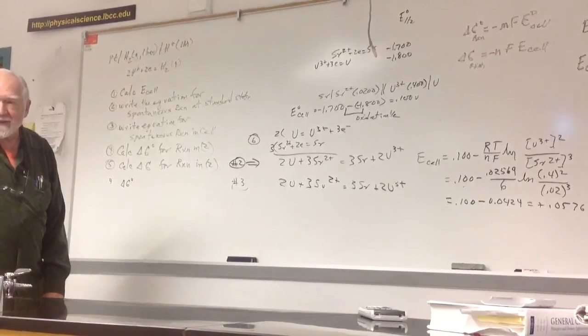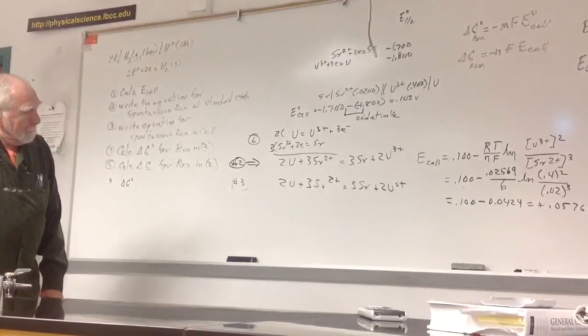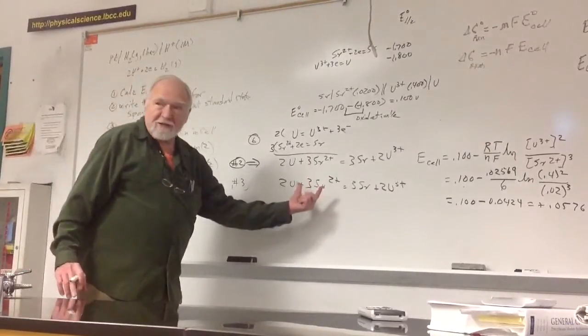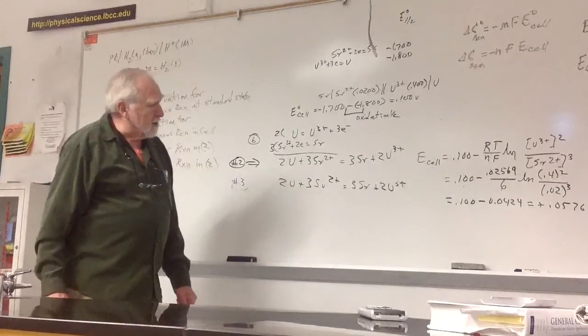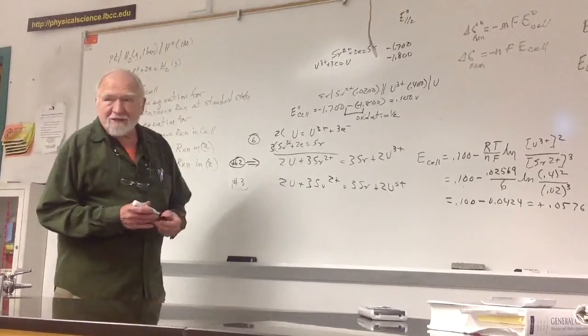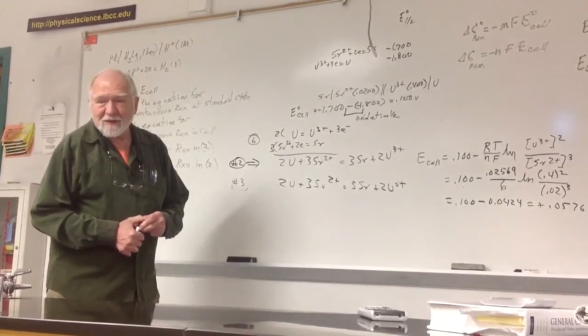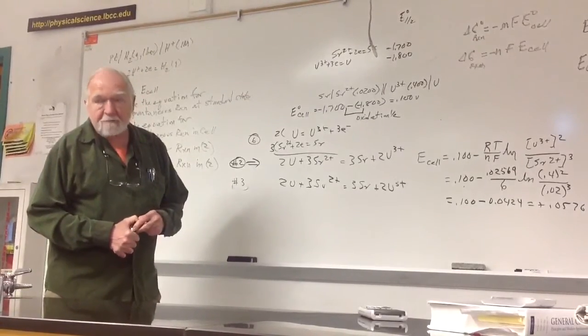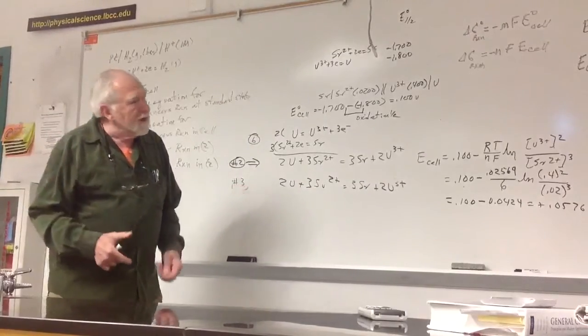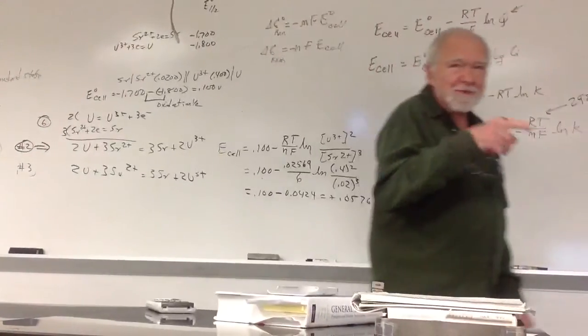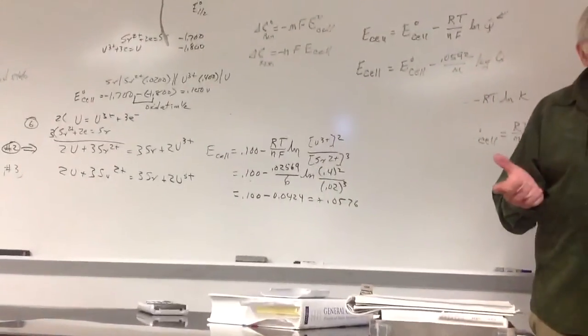Yes? So if the Ecell actually ended up being a negative number, we would flip equation 3 and it would have been reversed. And then the Ecell would be a positive number. But it's pretty safe to say, you're saying that E standard cells are always going to be positive numbers at standard state? Well, one of the problems I did give you, remember a few minutes ago I gave you the non-spontaneous reaction.